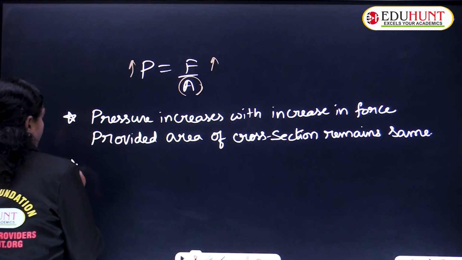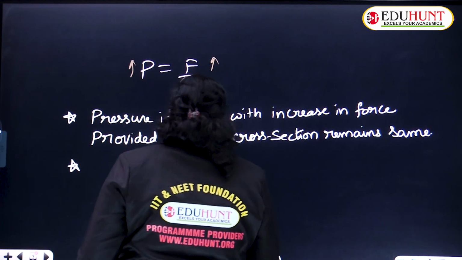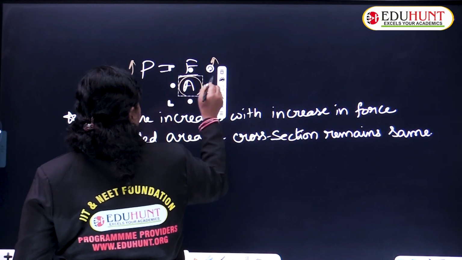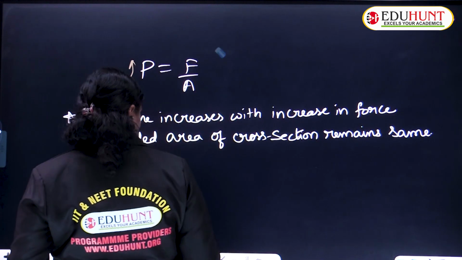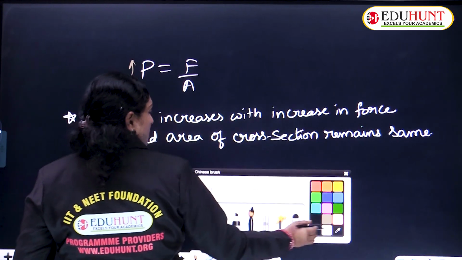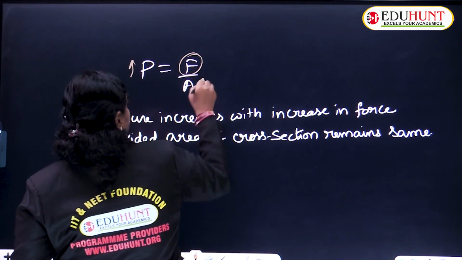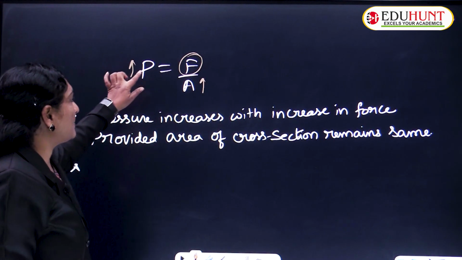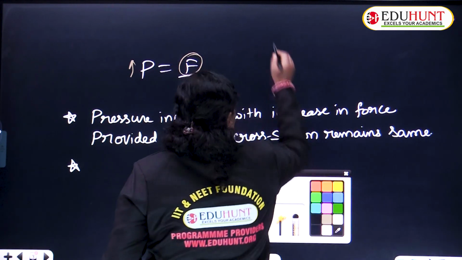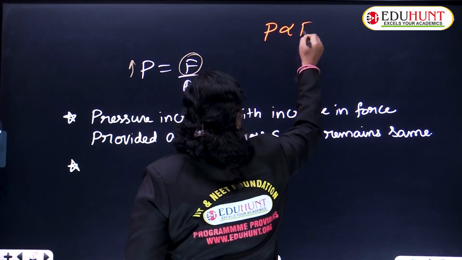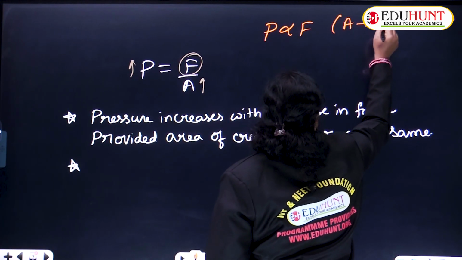Similarly, in the second case, if force remains constant and area increases, pressure is inversely proportional to area. Earlier we observed that pressure is directly proportional to force if area remains constant.